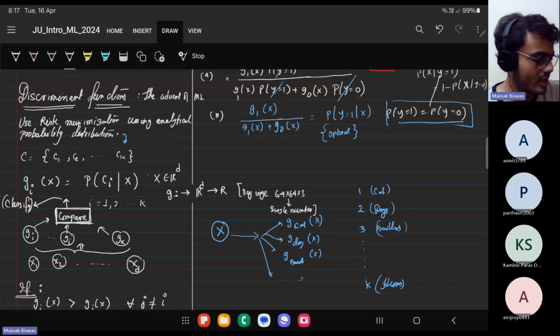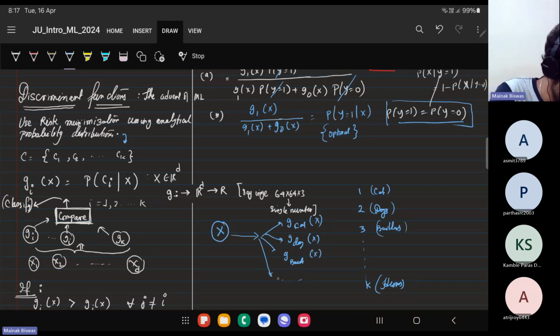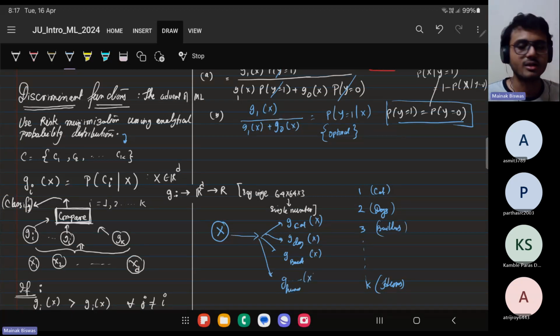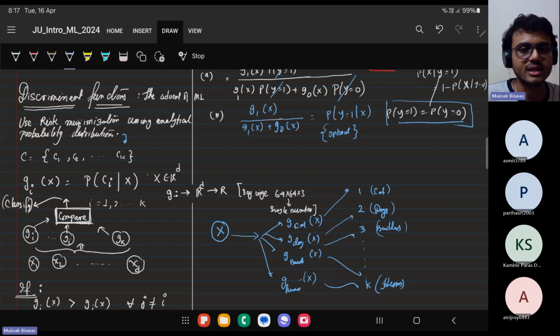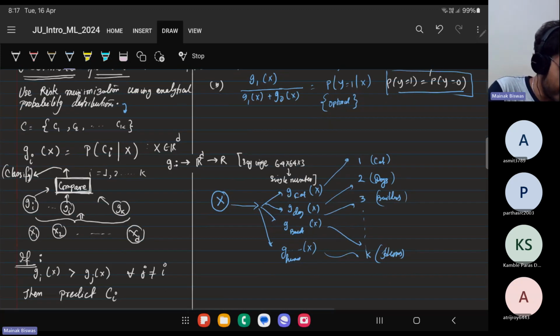Let us say that we define some functions g of x, and each of them gives you some number. Let us not confuse what numbers they are. Let us say they are proportional to some probability of being in class i.